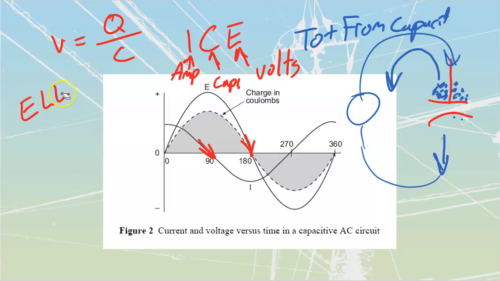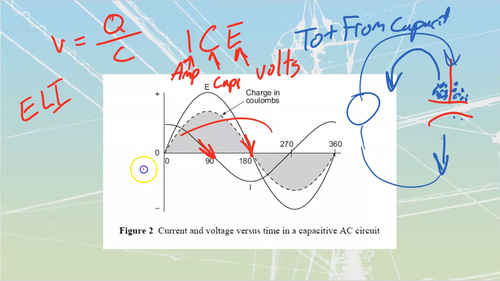ELI, L, ELI, like that. Where my volts lead my current, now for my capacitors, my current leads my voltage. Remember, for every action, there's an equal and opposite reaction. Our inductor is basically just doing the exact opposite of what our capacitor is doing. So we'll be able to use these to counterbalance each other later on, and we'll get into when and how and why we do some of that counterbalancing.